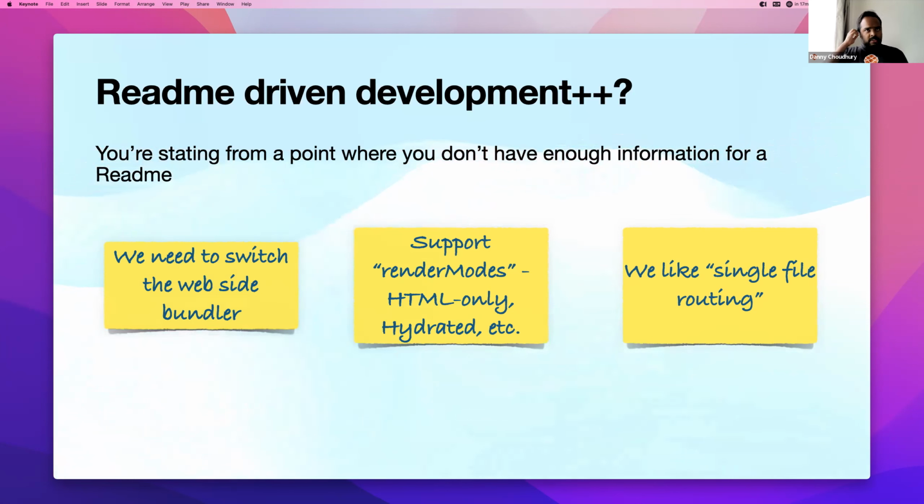But when you're starting from a point where you don't have enough information, we can't really use README-driven development. And this is the problem we have, where the three things I knew going into this is that we probably need to swap Webpack, because I know from having dealt with it and written some of the pre-render code that there are certain limitations with the setup that we have with Webpack that prevent us from doing SSR properly.